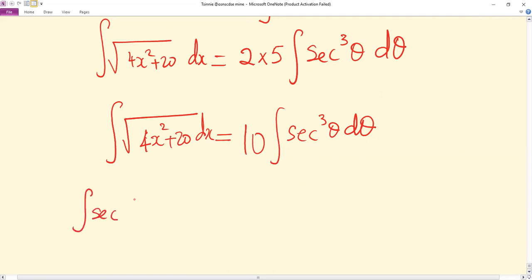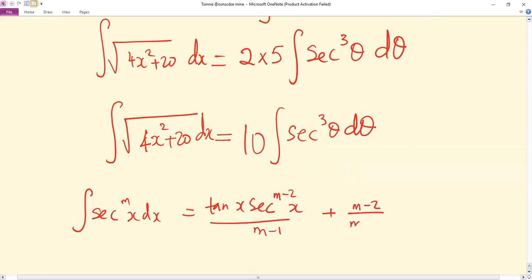The integral of sec to the power m of x dx is given by tan x sec to the m minus 2 of x, over m minus 1, plus (m minus 2) divided by (m minus 1) times the integral of sec to the power m minus 2 of x dx.